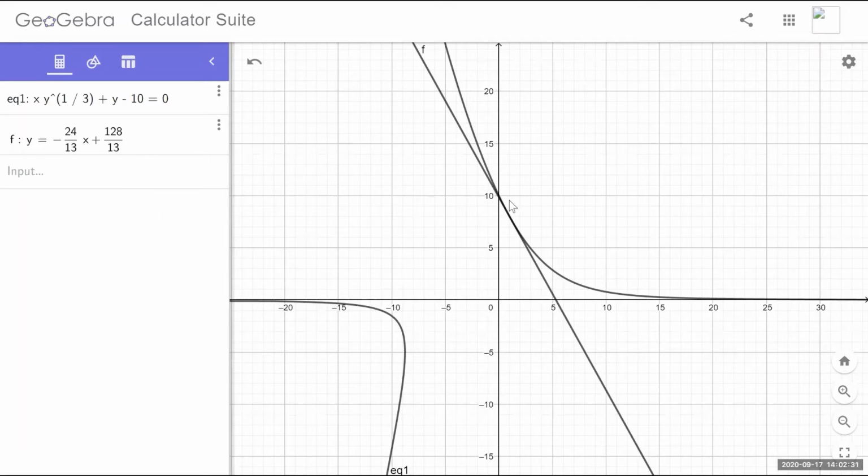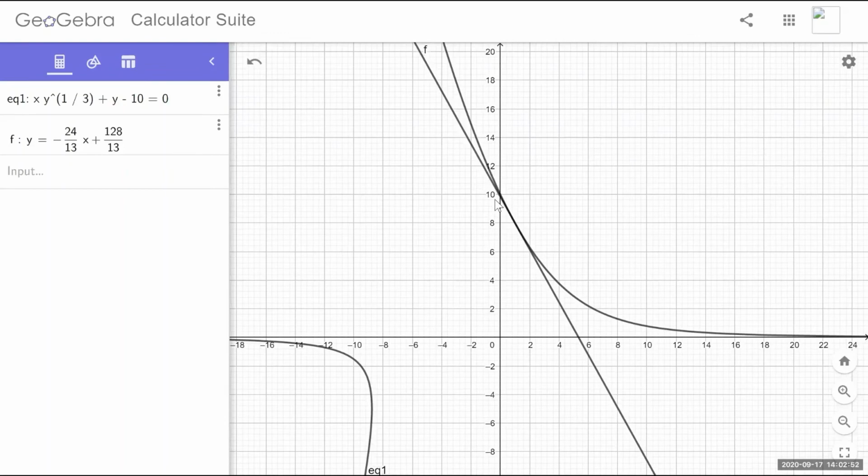You can see here, when you go from left to right, the tangent line is going down, meaning it has a negative slope, which is -24 over 13. And here we have 128 over 13. If it was 130 over 13, it would be 10. So the y-intercept is a little below 10.